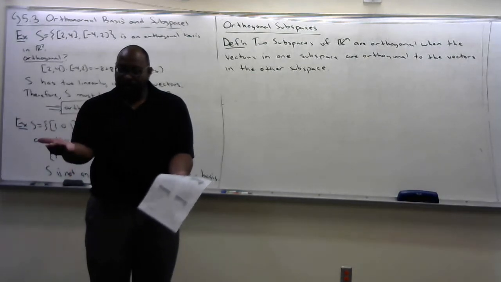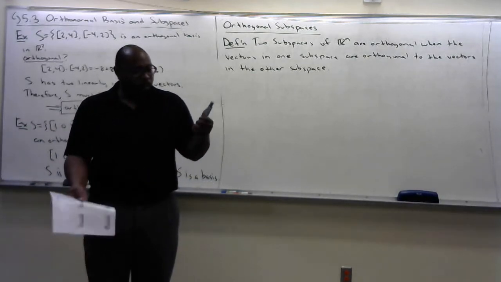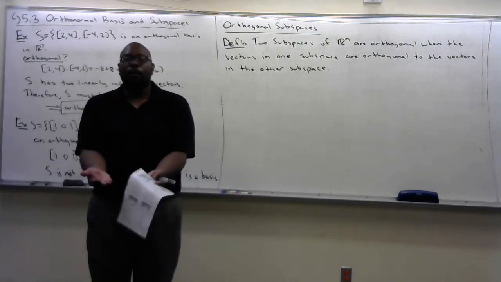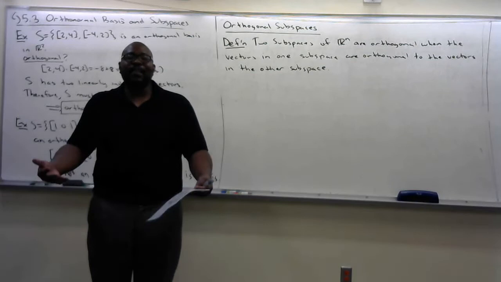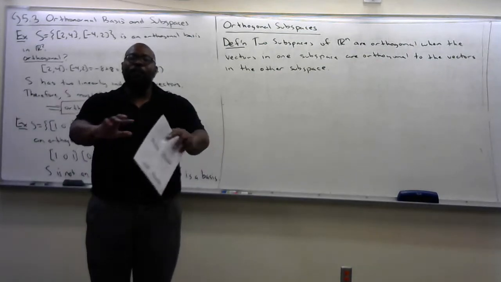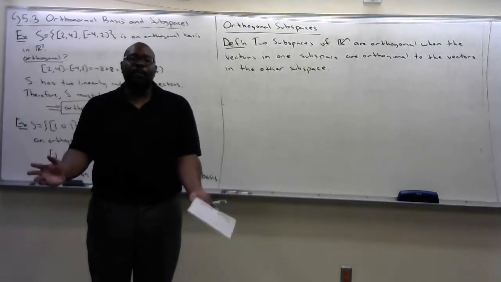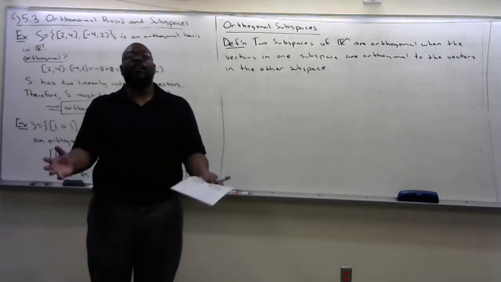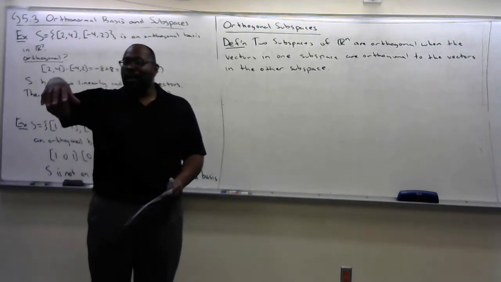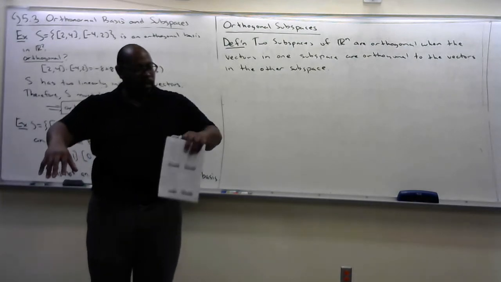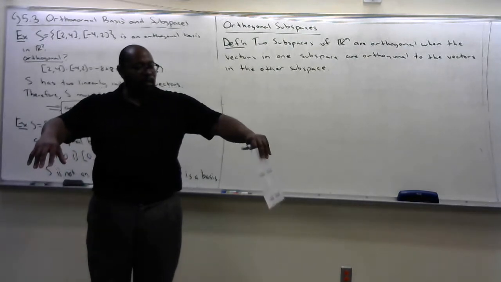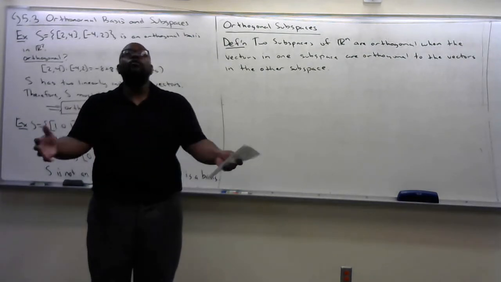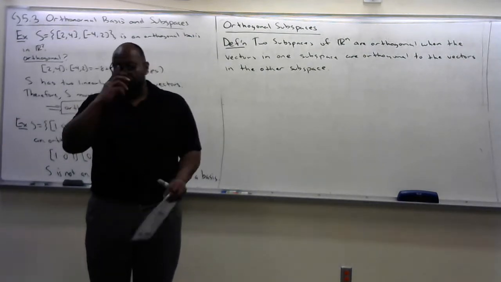If the basis vectors of one subspace are orthogonal to the basis vectors of the other subspace, we say that those two subspaces are orthogonal to each other, because the basis vectors generate every other vector in the subspace.